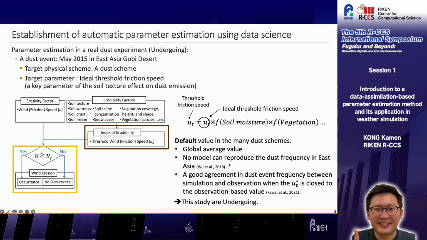And not only precipitation, we try to use this system for other phenomena, for example, dust emission and dust simulation. We select a dust simulation in May 2015 in the East Asian Gobi Desert. Our target physics scheme is a dust scheme. This scheme is a relationship between the wind speed and the land surface condition.